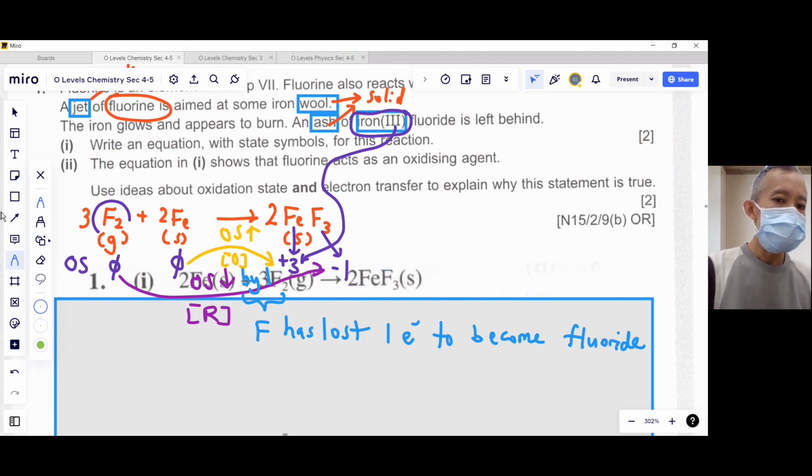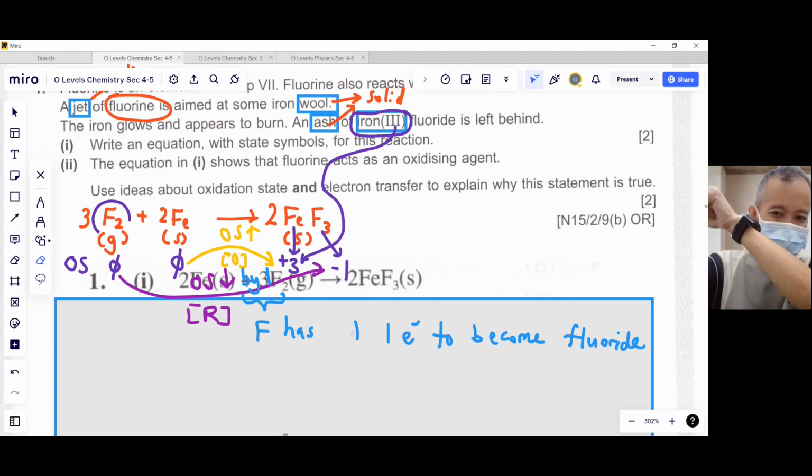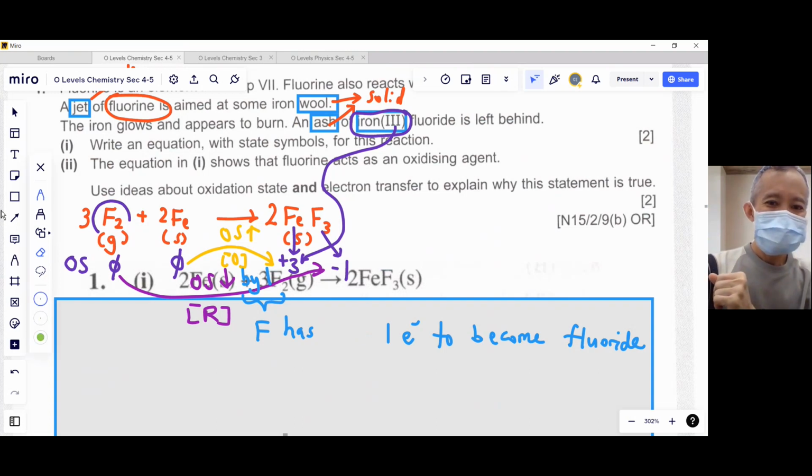Sorry, should it be F? Oh yeah, right, sorry about that. OS decreased, my rules there still stand. F has gained 1 electron to become fluoride. Of course, you remember fluoride is F minus, which makes sense, right? F to F minus means gains 1 electron.